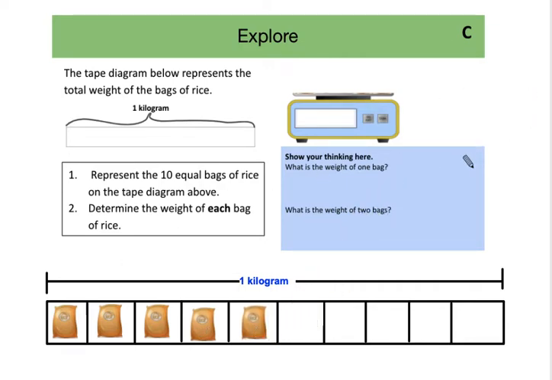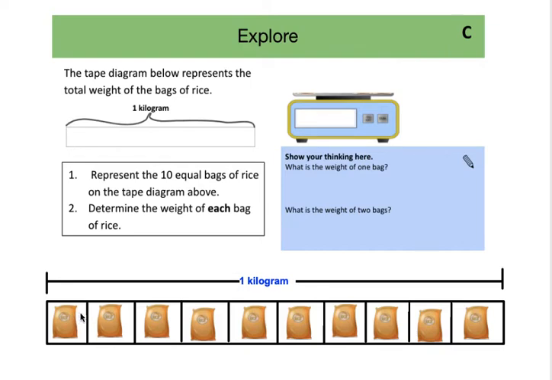And we have to think about how much one bag weighs. So this might help us out figuring out how much one of these bags of rice weighs. So we know that all 10 of these equals 1 kilogram. Now it wants us to determine the weight of each bag of rice. So if we look at that one bag, think about it.